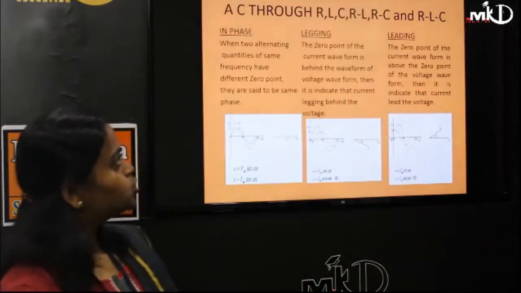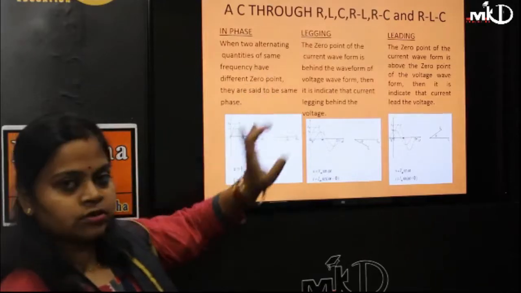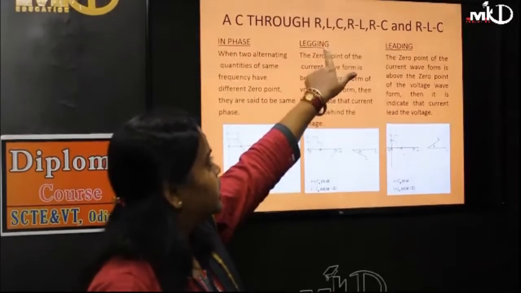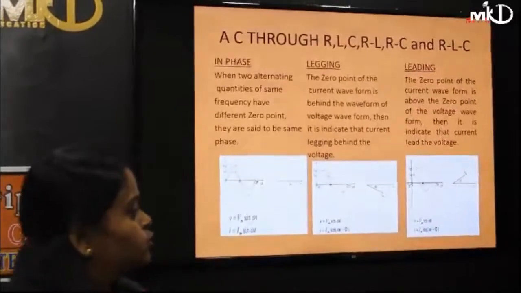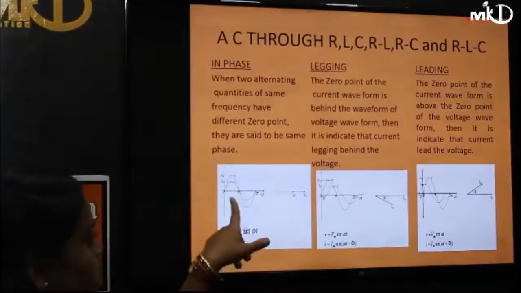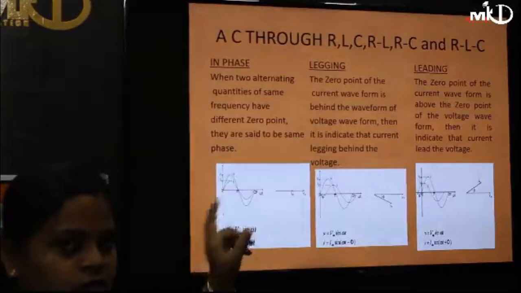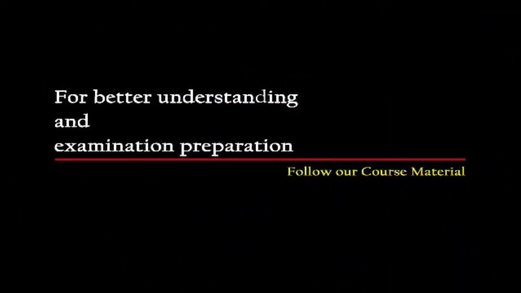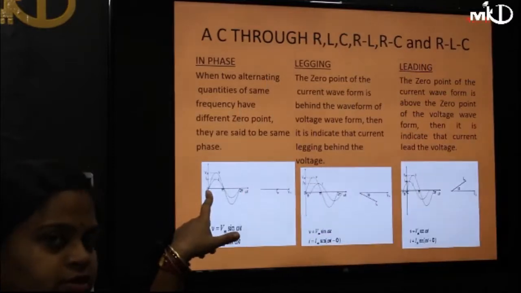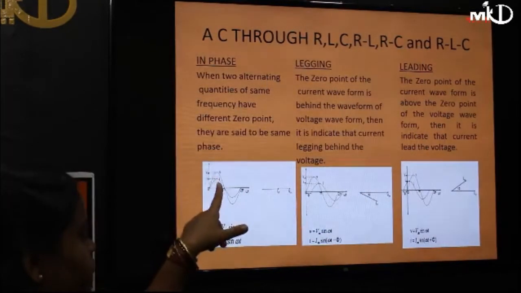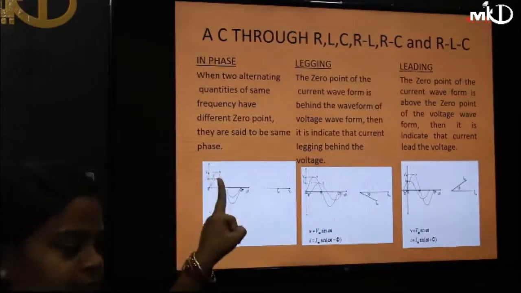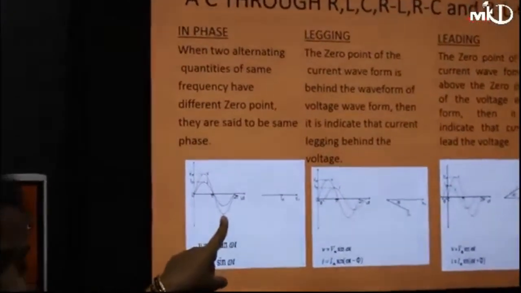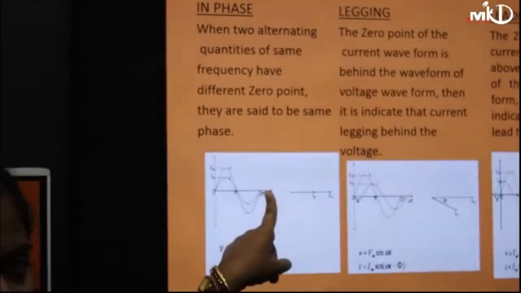This is AC through RLC, where we will discuss what in phase, lagging and leading mean. So, in phase means what? If you take two phasors, it may be voltage and current, both start from 0, reach maximum at the same time, again 0 at pi, negative maximum, and again 0 at 2 pi.